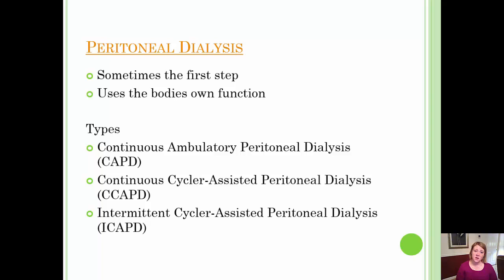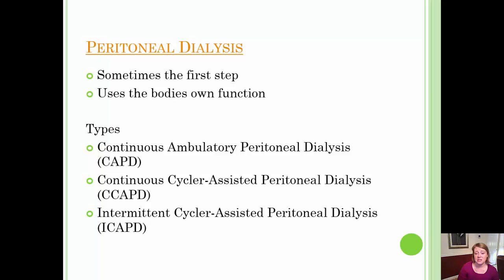Another form of peritoneal dialysis is the use of a cyclic machine or cycler-assisted machine to perform the peritoneal dialysis. You'll see there are two types of that: continuous cycler-assisted peritoneal dialysis and intermittent cycler-assisted peritoneal dialysis.